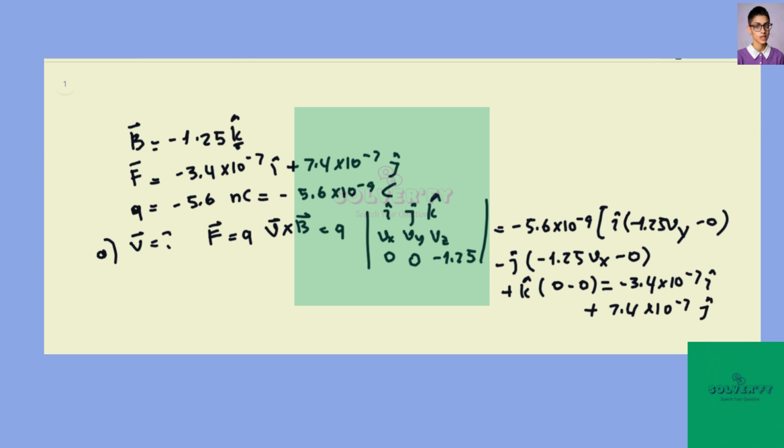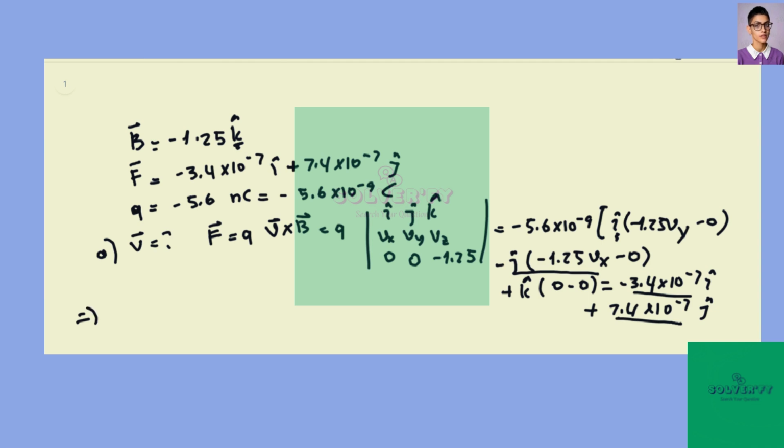So the component of i hat on the left is going to be equal to the component of i hat on the right, and the j hat's component is going to be equal to the j hat's component. So let's write them down here.